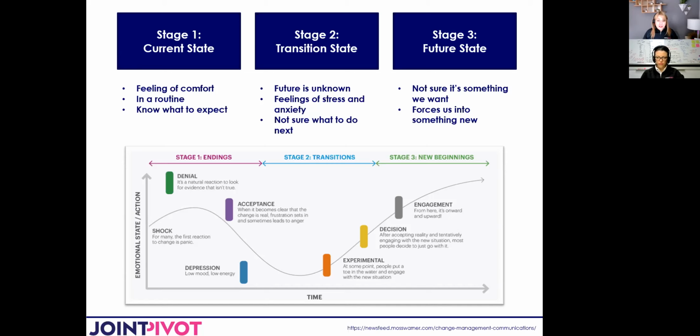Then we go into that transition state, and that's where that feeling is kind of unknown. No matter how well you deal with change, there is always stress and anxiety that comes with this. Even if you say, I love change, I have no problem with it, you're going to have a little bit of instant reaction of stress and anxiety because you don't know exactly what the outcomes are going to be.